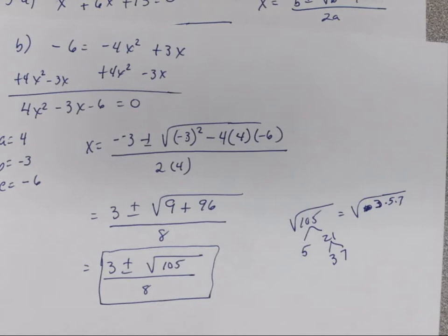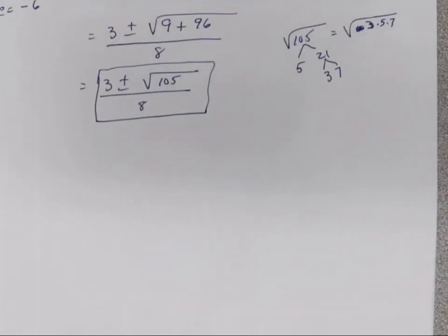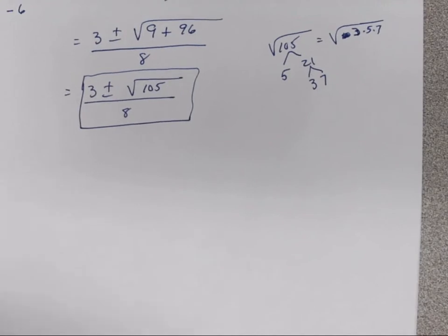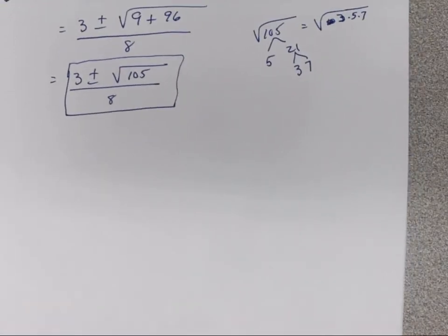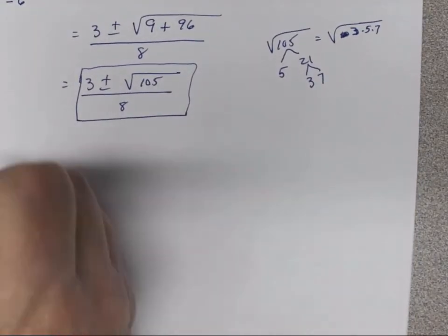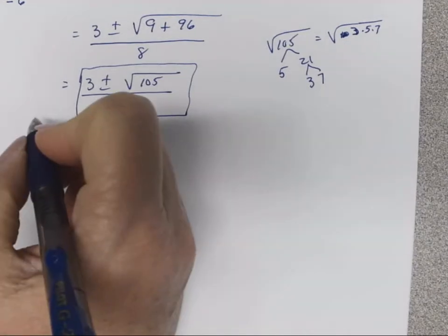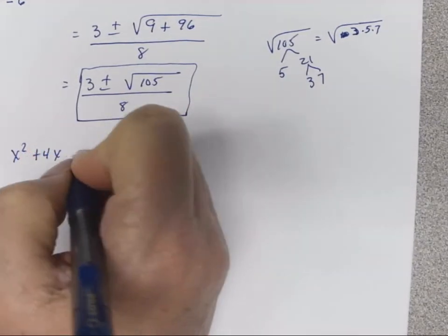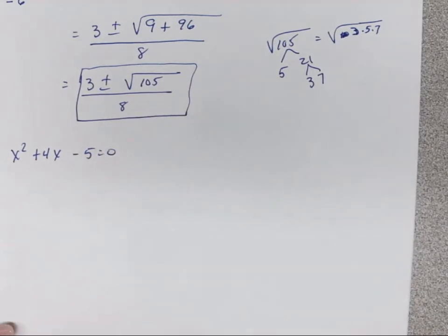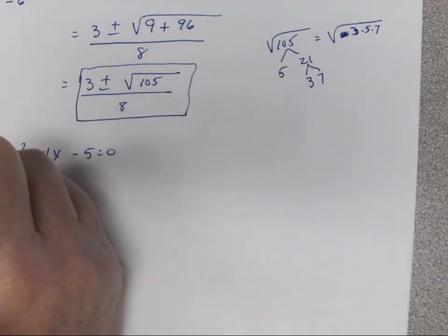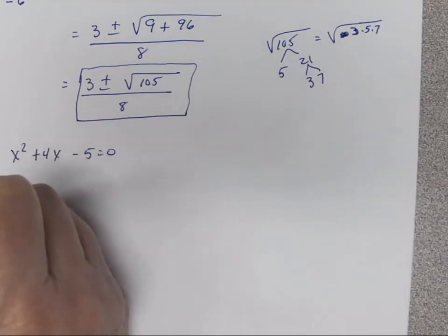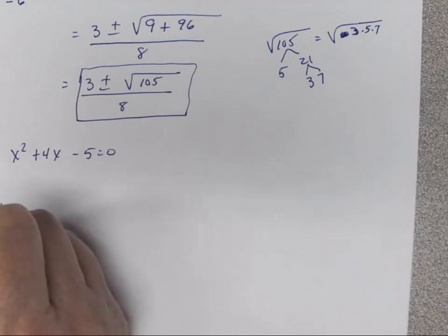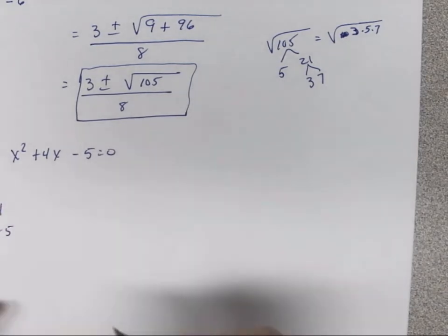All right, let's do one more quadratic formula. So this will be our C. So we have x squared plus 4x minus 5 is equal to 0. So my A is equal to 1, my B is equal to 4, and my C is equal to negative 5.